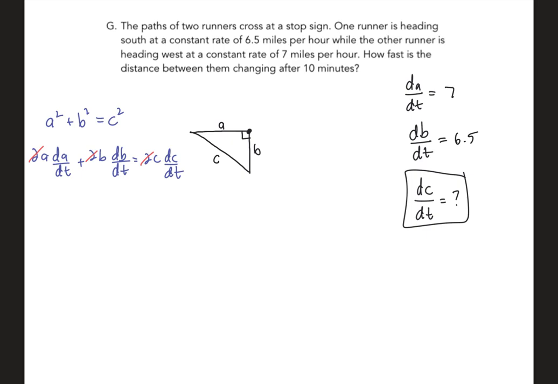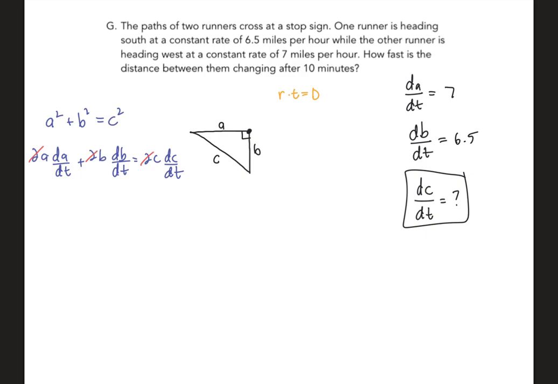Okay, now think about this. If this runner is running at 7 miles per hour for 10 minutes, that means we know the rate and the time, and then we can use the formula rate times time equals distance. So we can get at least these 2 distances by just doing rate times time: 7 miles per hour times 10 minutes and 6.5 miles per hour times 10 minutes.